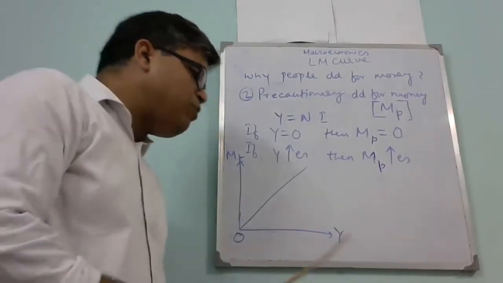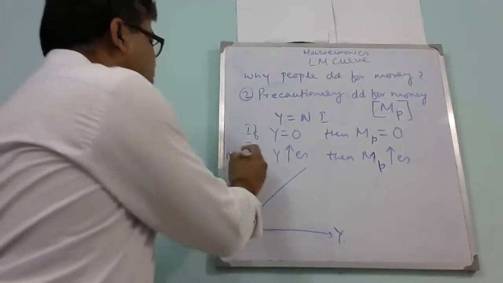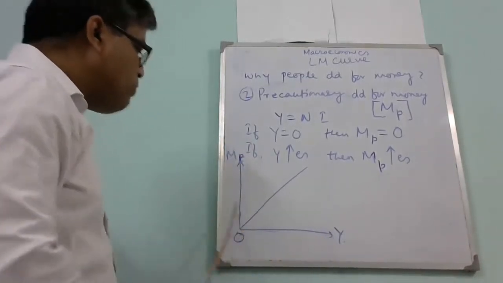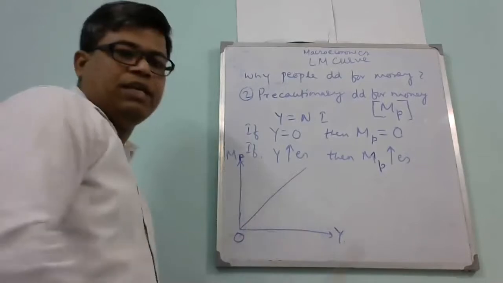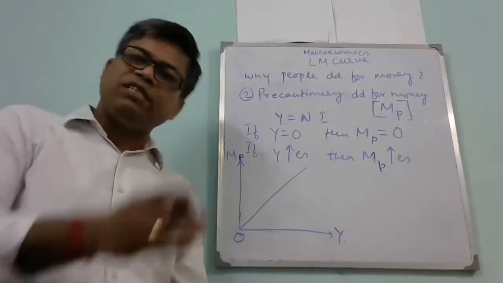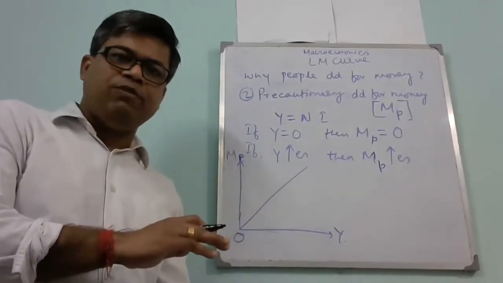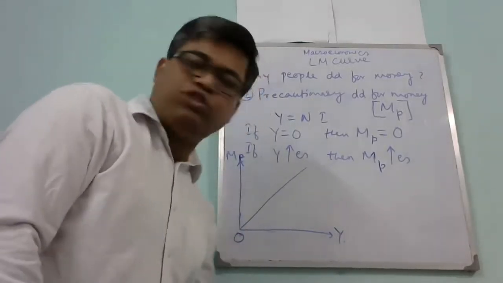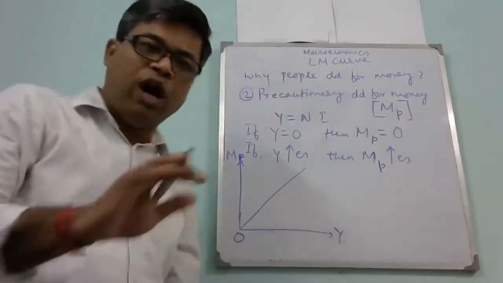So the diagram will be the same as before. If y is 0, then MP is 0. As y increases, MP increases. So it is also a direct relationship, just like before. The transaction demand for money and the precautionary demand for money both have a direct or positive relationship with y.